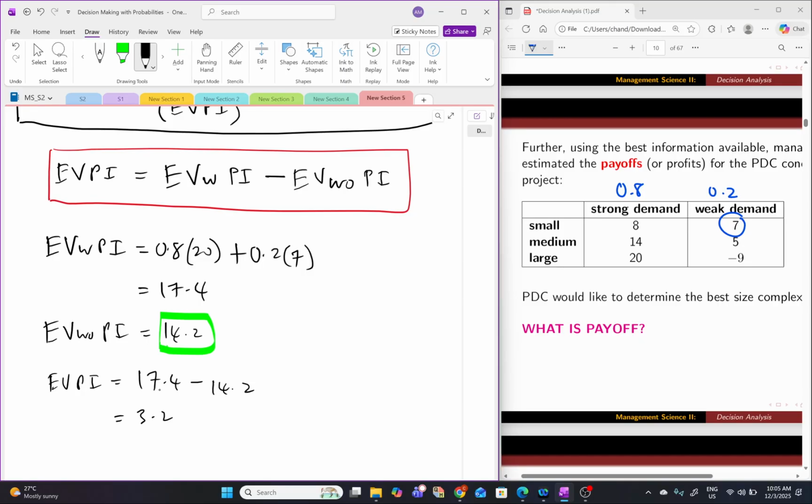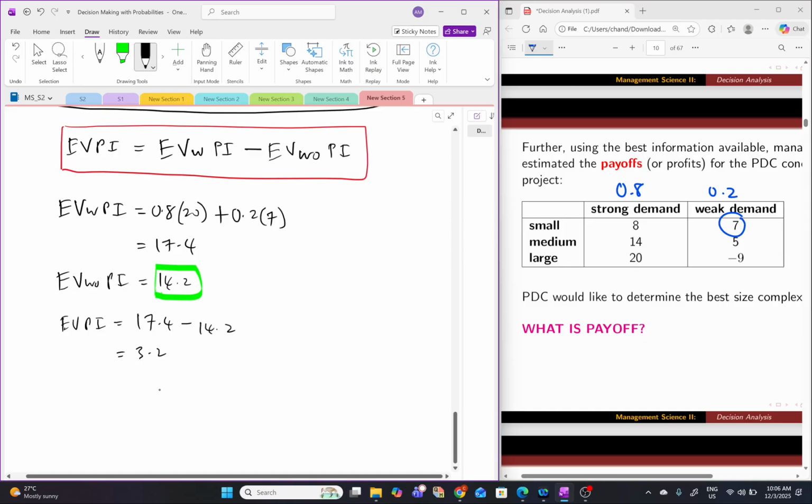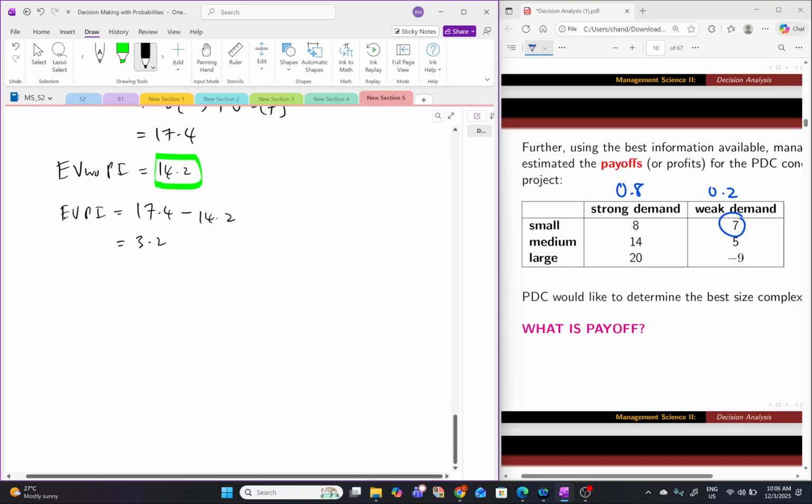Now, copy first. Okay. Dah. Next one, expected value. Last one.